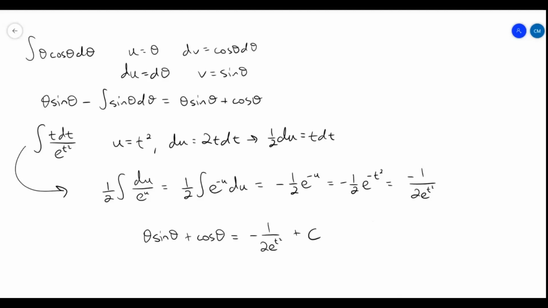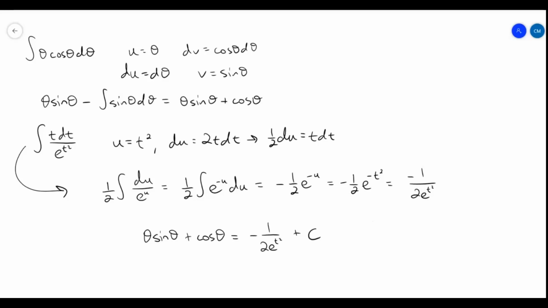That's not going to happen. If it's not possible to solve for the dependent variable in terms of the independent one, you don't have to. You can just leave it as an implicitly defined function like we have here. So this thing I've written on the bottom line, that's the solution to this differential equation.